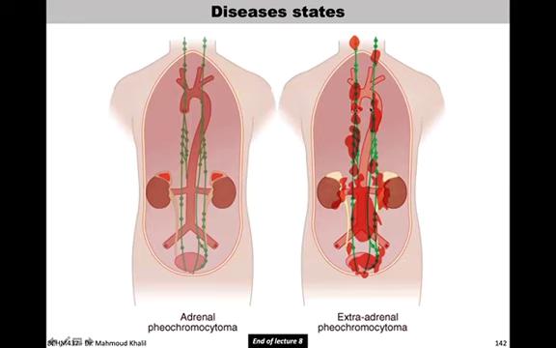All these red patches represent the tumor that occurs outside the adrenal gland. This slide describes the location difference between the two conditions of the tumor that can arise due to a defect in the adrenal gland. And this concludes our lecture for today.